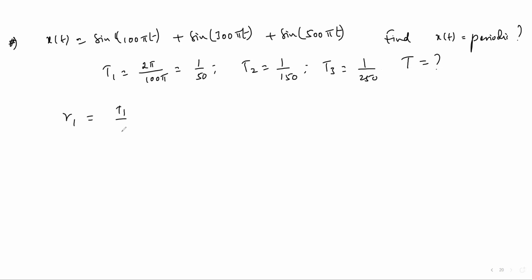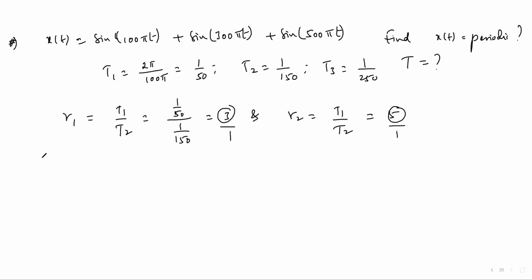Ratio is T1 by T2: 1 by 50 divided by 1 by 150 is 3. And the second ratio, T1 by T3, is 5. So 3 and 5, both have denominators 1 we can consider. So these two are ratios of two integers, rational numbers.